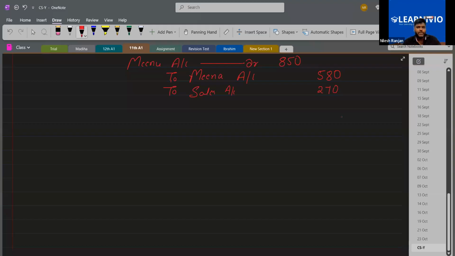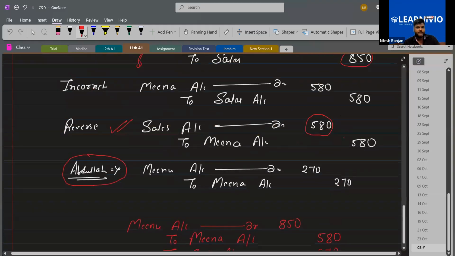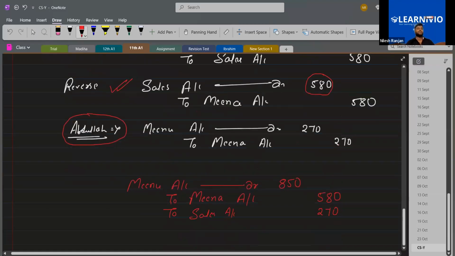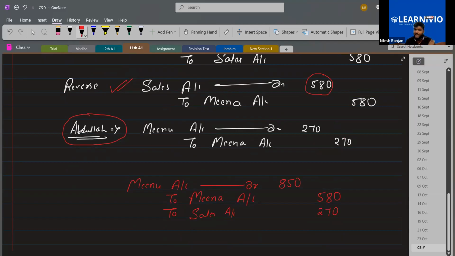Tell me if you understand this part. This is confusing because there are two errors now. We have to correct the account. We have to correct the amount. Any confusion you can ask, because I have to make sure that you understood this entry.